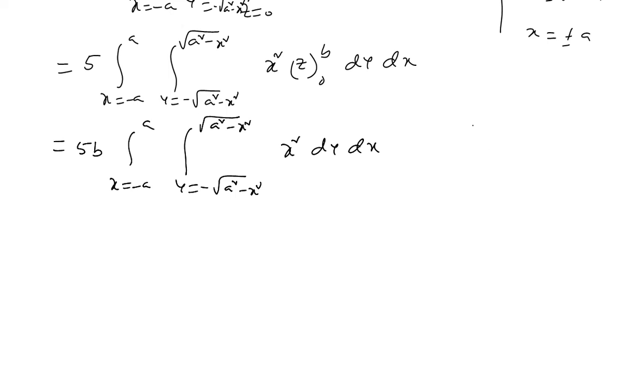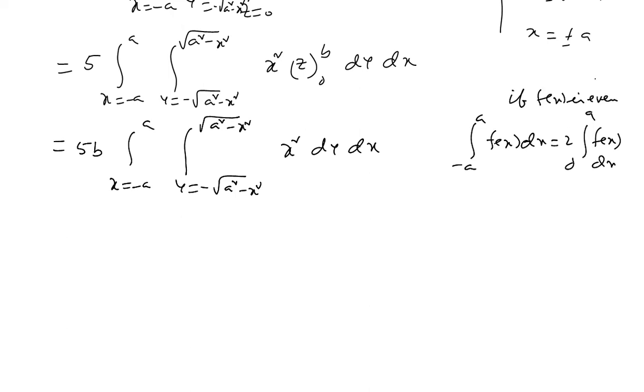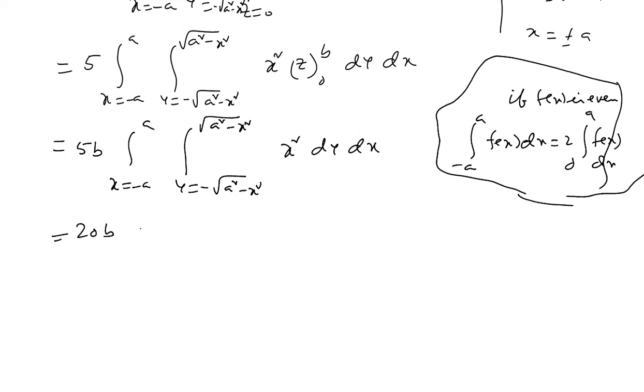Now using the formula, integral minus a to a of f of x dx equals 2 times the integral 0 to a of f of x dx, if f of x is given. So we are using this formula. Now this is 2 times, here 2 times, 4 times; 4 fives are 20b.